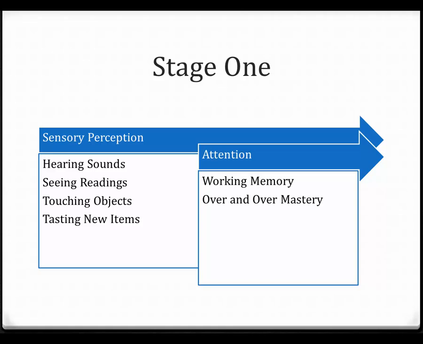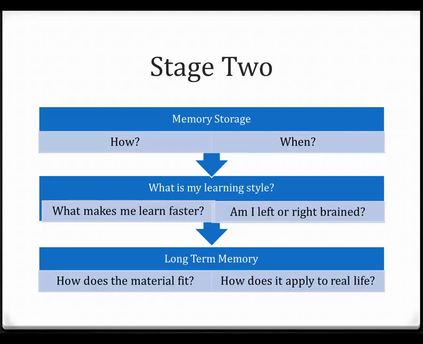And again, we have to do this consistently over and over and over to grab a hold of the mastery task and to master whatever it is that the child is learning, so that retrieval can take place. So when we move into the memory storage, we're asking how and when.